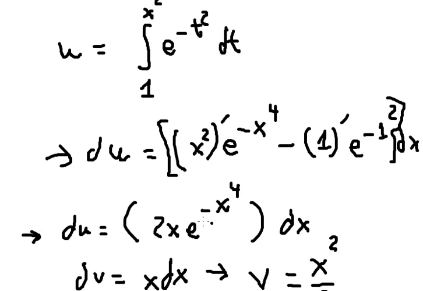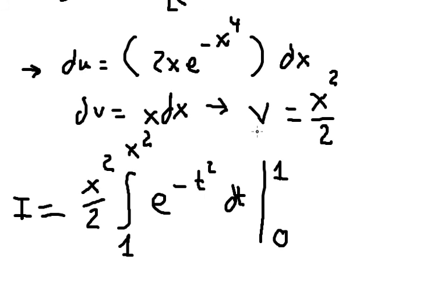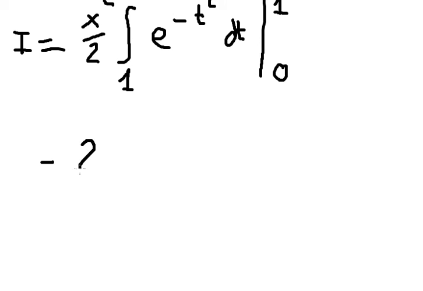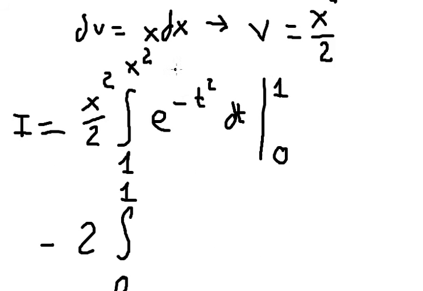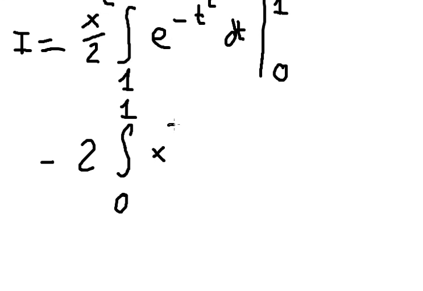Minus, we have the u multiplied by v, and now we have negative number 2, and we have the integration from 0 to number 1. So s squared multiplied with s, we have s to the power of 3.